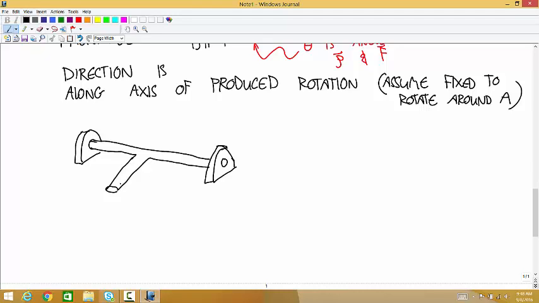Any questions about what that axis of rotation is, or how you figure it out? That's going to be sort of a big topic. So the axis of rotation is this way, one of those two.